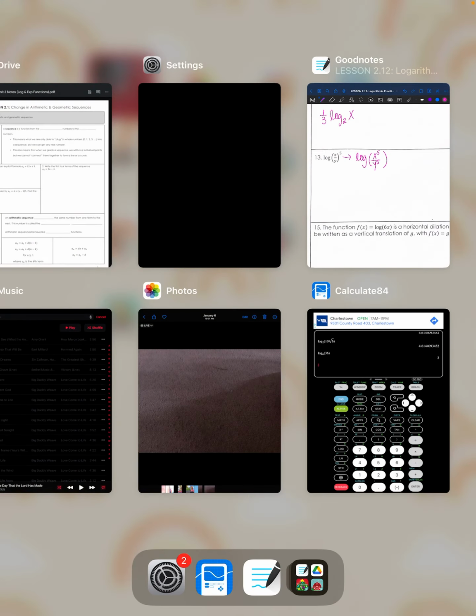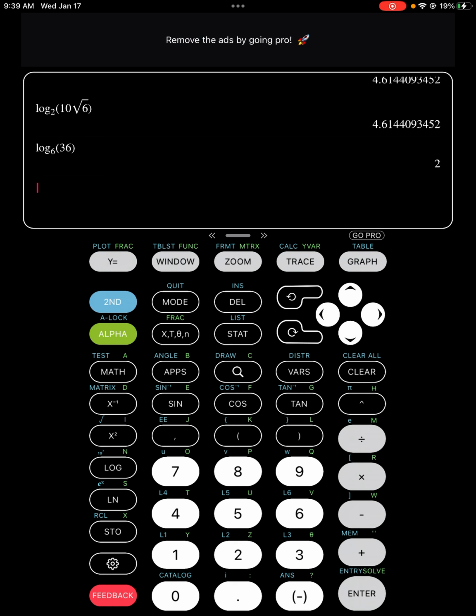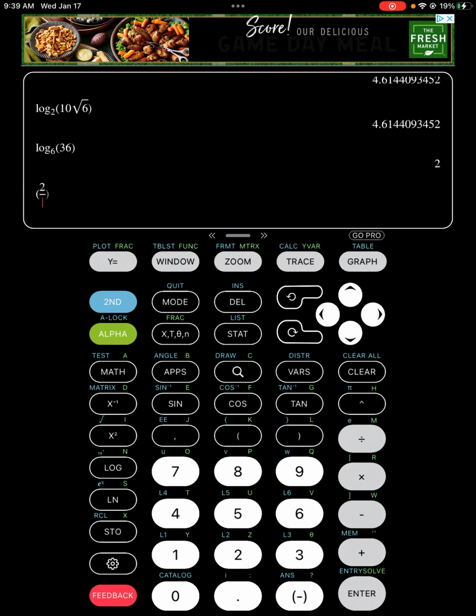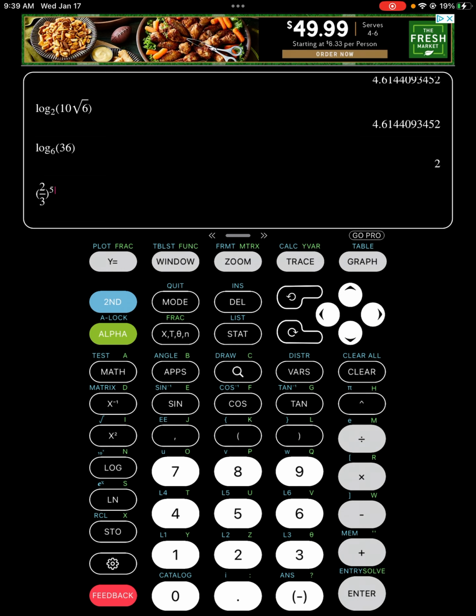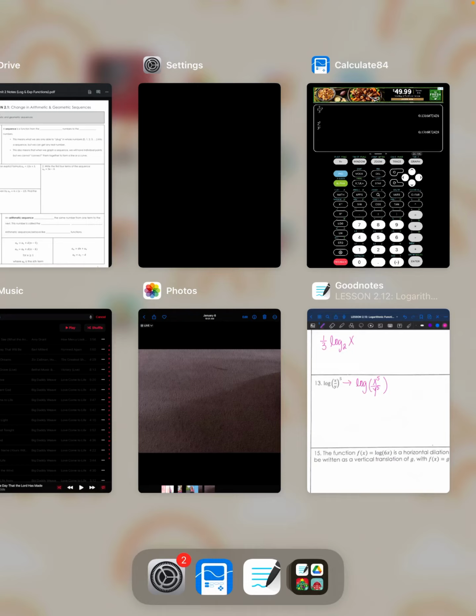Let me show you. Let's just try 2/3 to the 5th power. 2 to the 5th over 3 to the 5th. They are the same thing. So this might be a little easier to think of it this way.